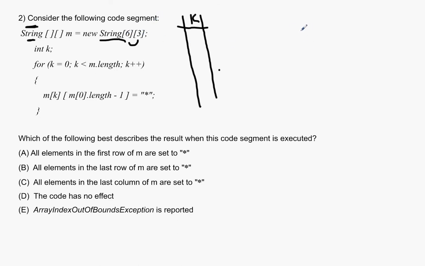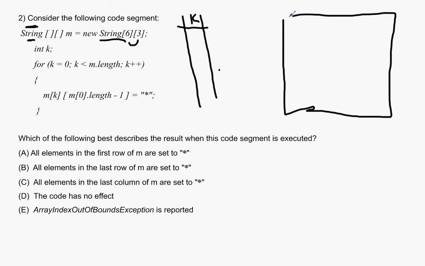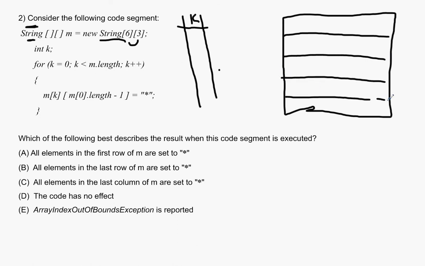I'm just going to draw myself a quick table so I can reference this a little better. So this table has, let's see, not quite. Gonna have to add one. There we go.